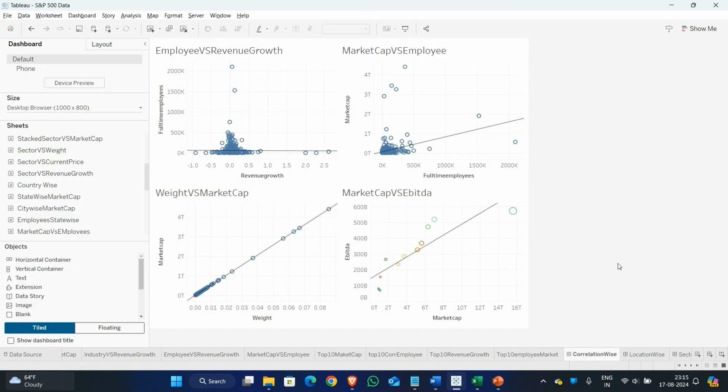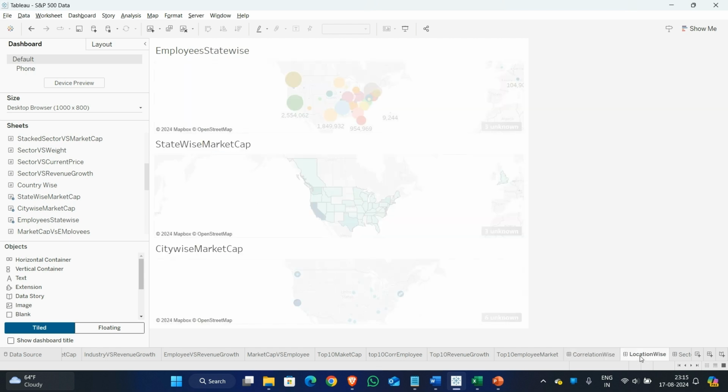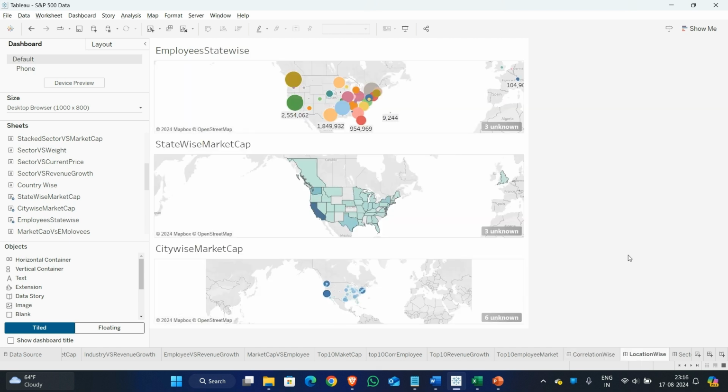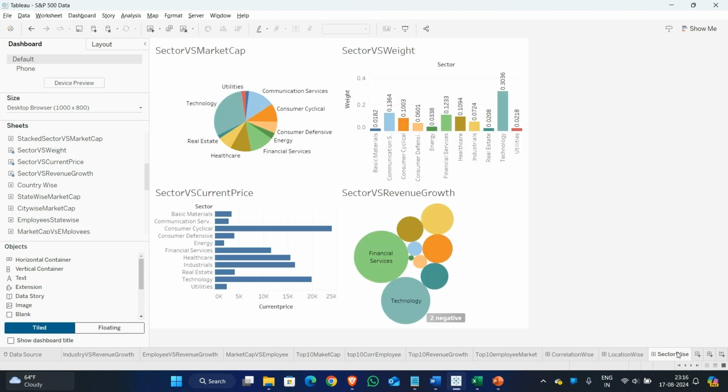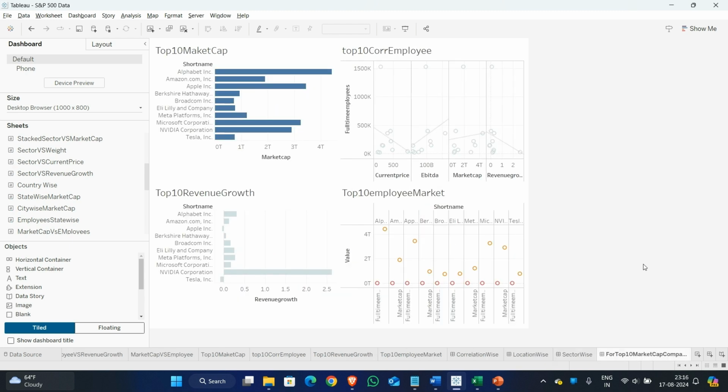And now we're gonna create some dashboards about this topic. Firstly, this dashboard shows the correlation between various metrics, and similarly, I have drawn location-wise dashboard and sector-wise dashboard, and also for the top 10 market cap companies.